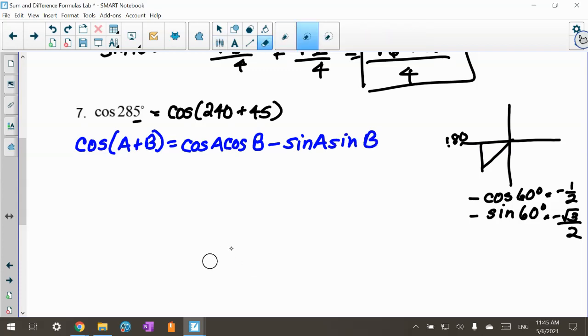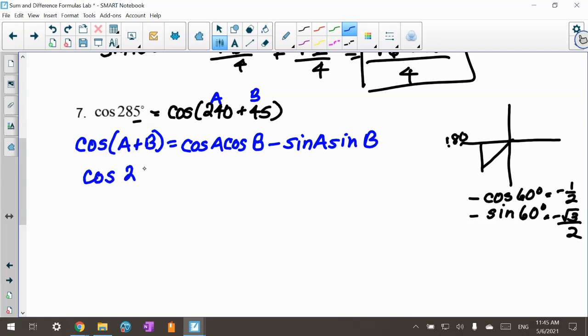All right, somebody found this formula, so I'm like, okay. So this is my a and my b, so wherever there's an a, I'm going to throw 240, and wherever there's a b, I'm going to use 45. So I have the cosine of 285 because that's what those two add up to. So I'm going to put 240 here wherever there's an a and a 45 here.